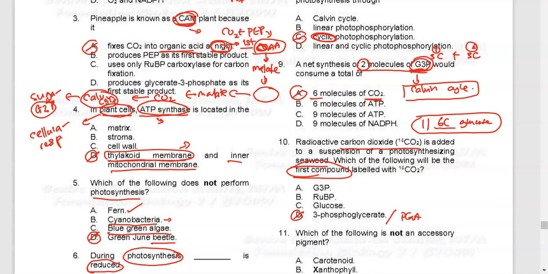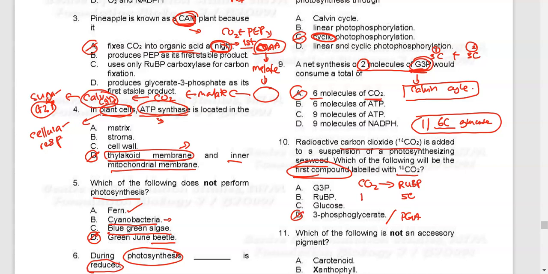For this experiment, it is to trace the flow of the carbon during the Calvin cycle. The radioactive carbon dioxide will enter into the Calvin cycle, and it will be incorporated with the carbon dioxide acceptor, which is RuBP. RuBP is a 5-carbon sugar.